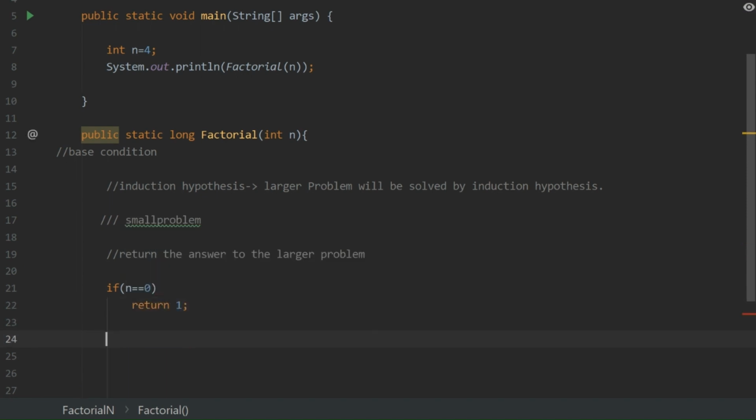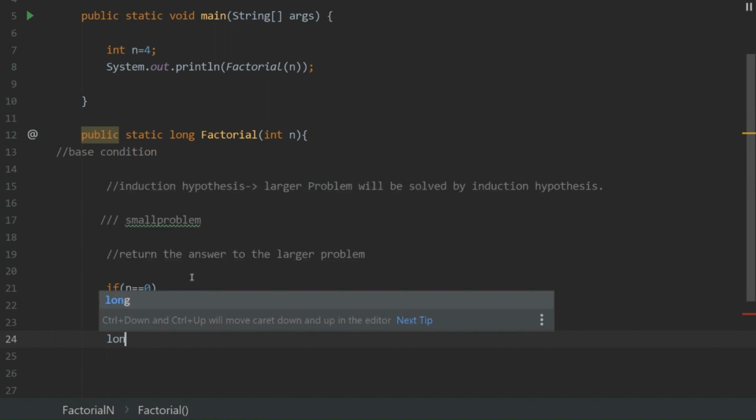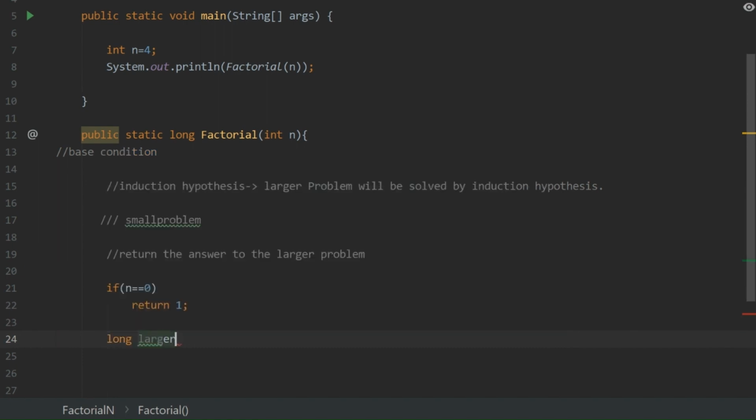Factorial of 0 is 1. Else, what will we do? We will define a larger problem, which is factorial of n minus 1. We don't know how n minus 1 will be taken care of, so we give it to the induction hypothesis.